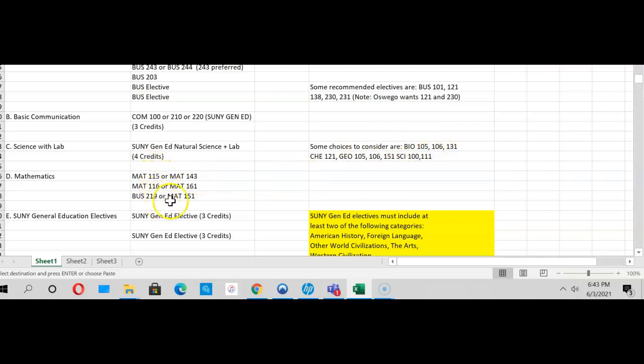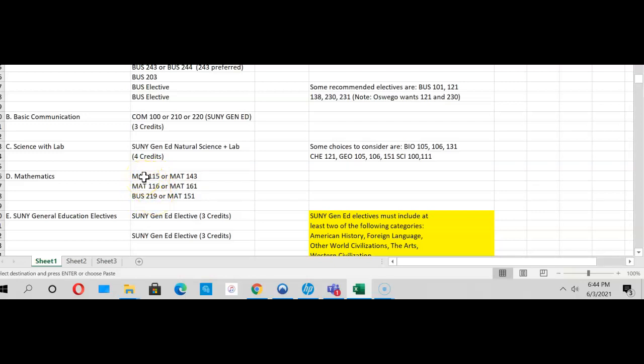Now, here's where things get a little tricky. Math. If you plan on being a business student and you know you're going to be a business student, the best choices are the first ones: Math 115, Math 116, Business 219.